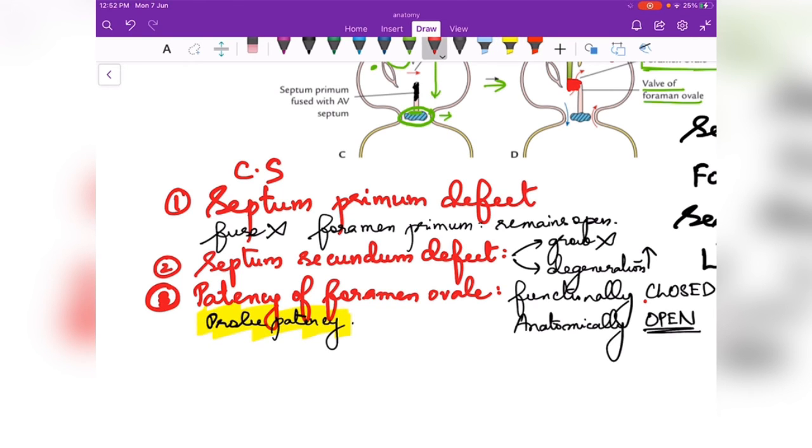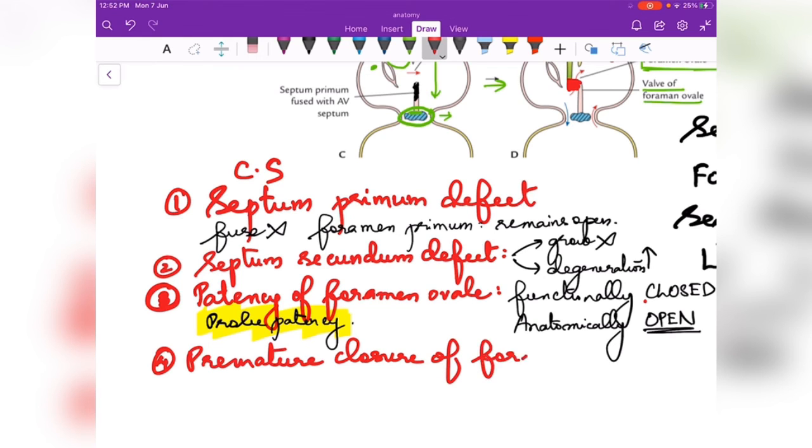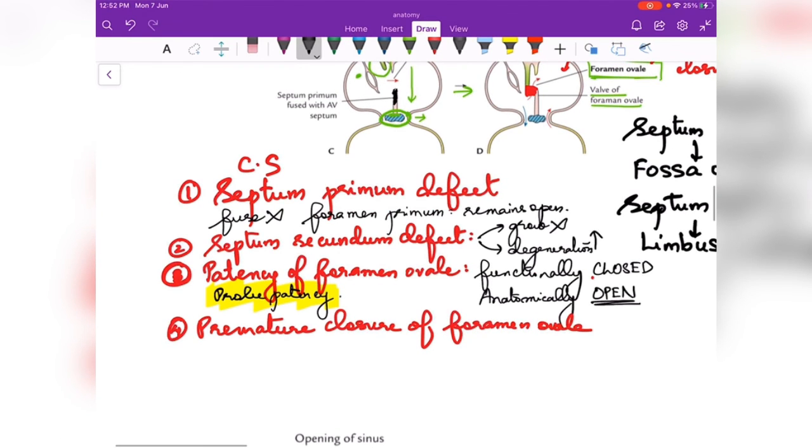The next one is premature closure of the foramen ovale. I said that only after the baby is born and lung circulation is established does the foramen ovale close.